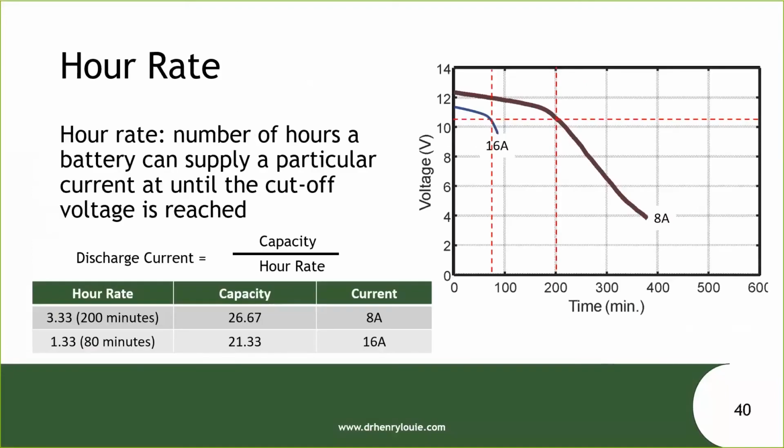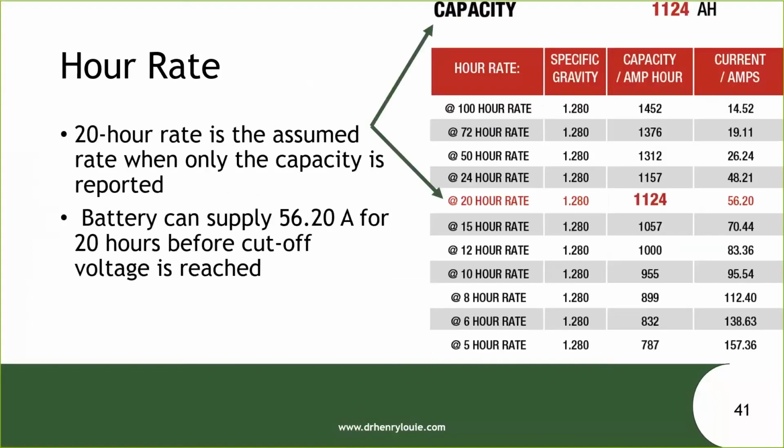So what you'll see is many manufacturers will tell you the capacity based on an hour rate. And the hour rate is just the number of hours a battery can supply a particular current until that cutoff voltage is obtained. So in our example, we have an hour rate of 3.33 and an hour rate of 1.33 that we determined empirically.